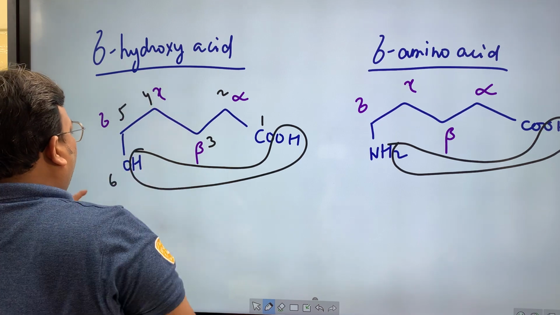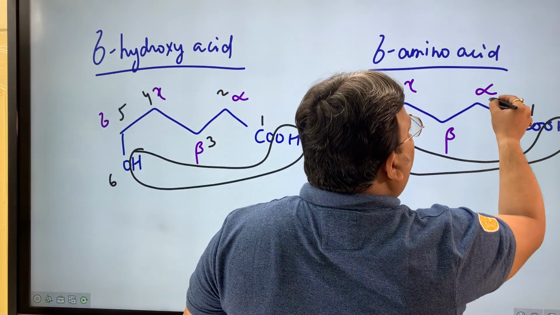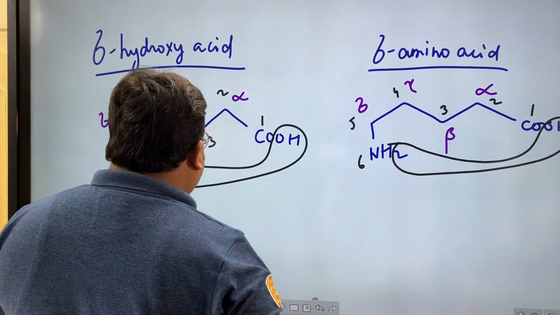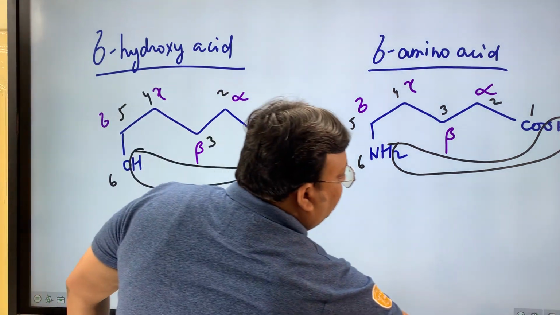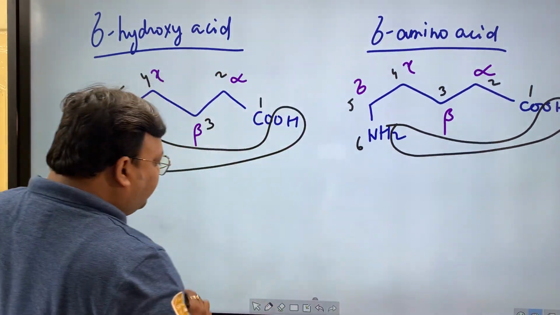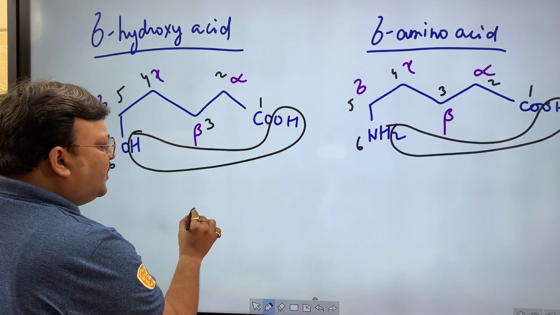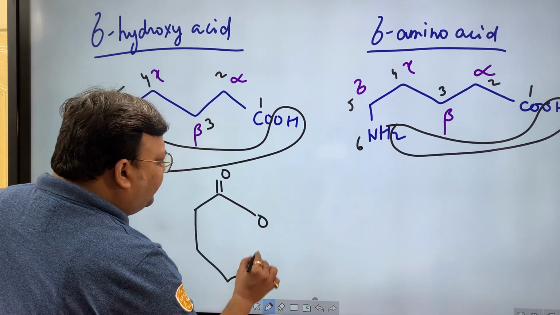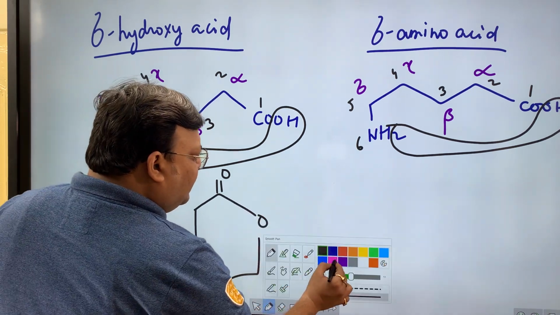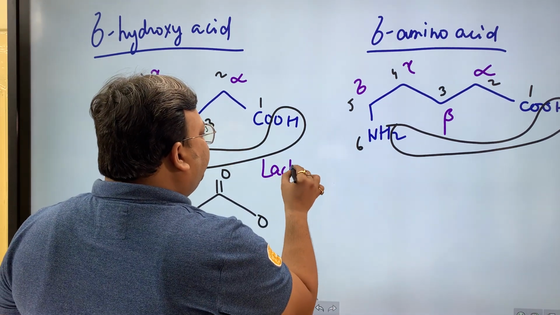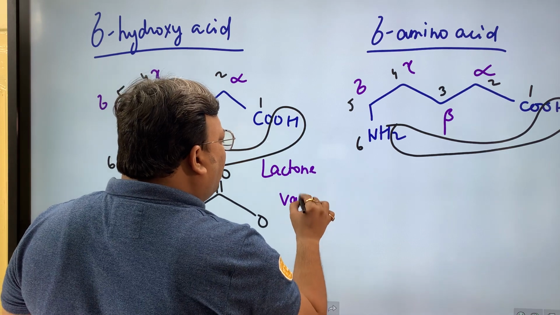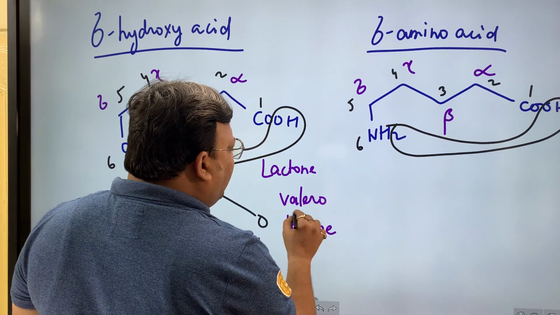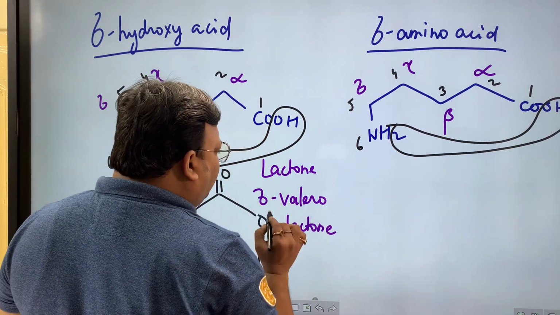Naturally, it will be oxygen or nitrogen in the ring, and the product will look like a 6-membered cyclic ester. 6-membered compound is even more stable. Let me call this a lactone, which is very popular. It's called a valerolactone. 5-carbon acid is called valeric acid. So it's a valerolactone. You can also call it delta valerolactone.